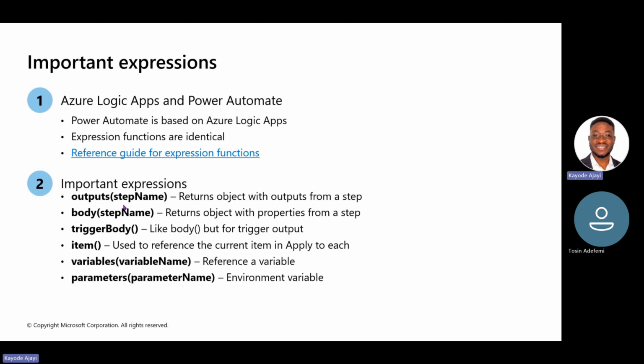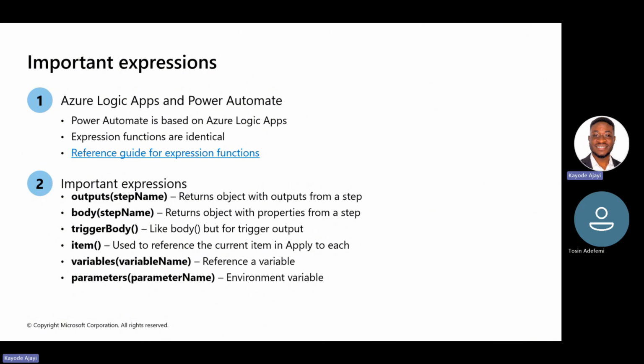Now we will see this when we get on the platform, but even all the dynamic content that we select, and I will show you, all the dynamic content that we select are actually expressions, right? But Power Apps have just done it in a way that you don't have to type all those expressions. They've given you a GUI to select it, but behind the scenes, once you select something from dynamic content, it actually writes an expression.